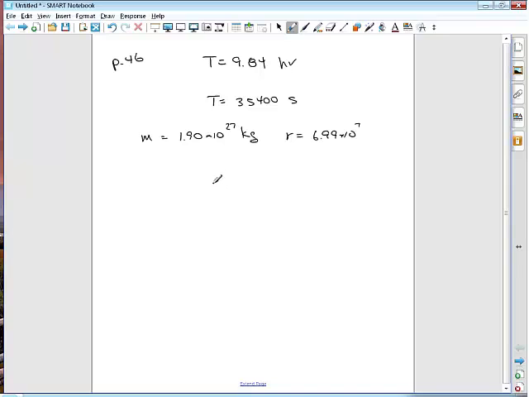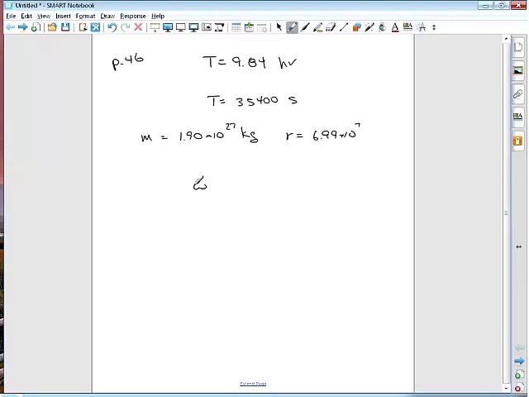As far as the geosynchronous orbit, let's just think about orbiting here in general. Remember, what we were doing was relating centripetal acceleration to gravitational force.